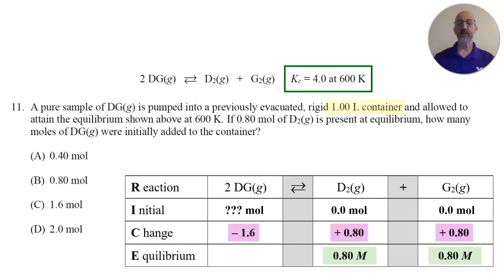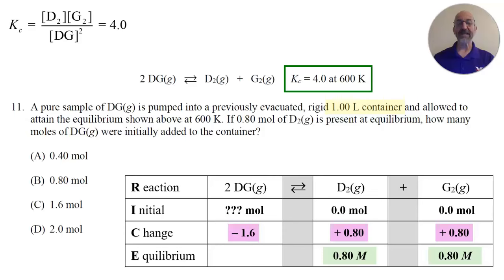So here comes a little bit of algebra. This is my Kc expression, which is a Kc, not a Kp. That's why I have hard brackets to represent the concentration of D2 times the concentration of G2 divided by the concentration of Dg squared. Again, that concentration in the denominator of the Kc expression is squared because the Dg has a coefficient of 2 in the balanced equation.